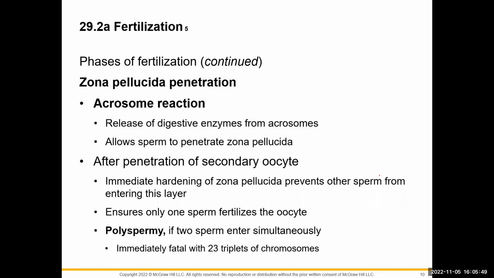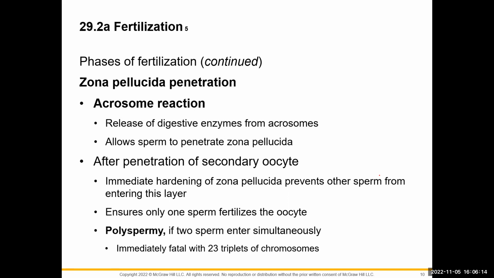the secondary oocyte causes that zona pellucida all around the oocyte to become hardened, thus making it impossible for other sperm to penetrate the zona pellucida. So this is the reason why only one sperm can fertilize the oocyte.